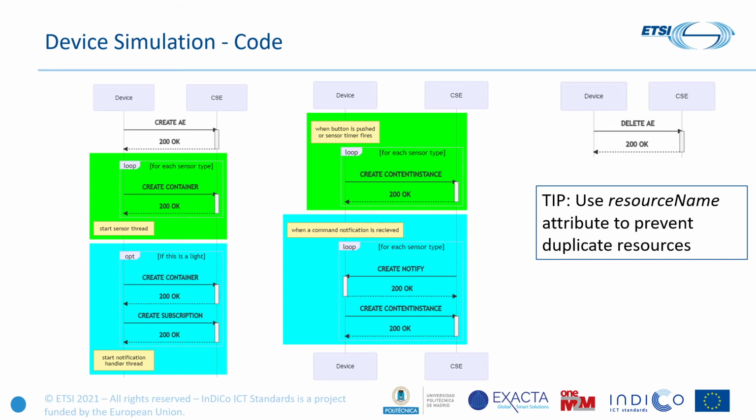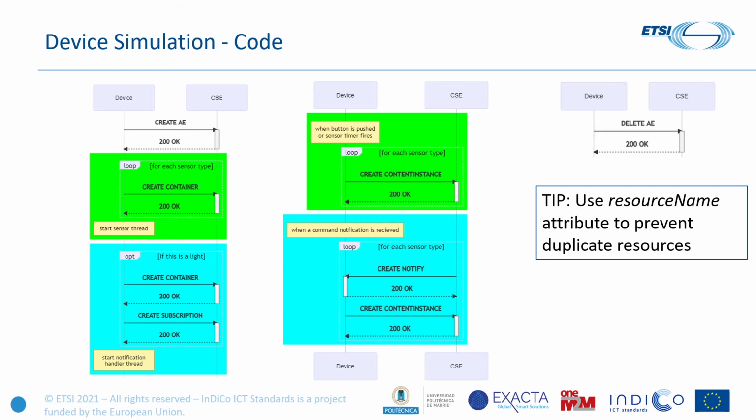And another container will be a command container, and that will be where external entities can send a command to control this device to turn its light on or off. In order to do that, this device has to subscribe to that command container, so it does a create subscription primitive for that.